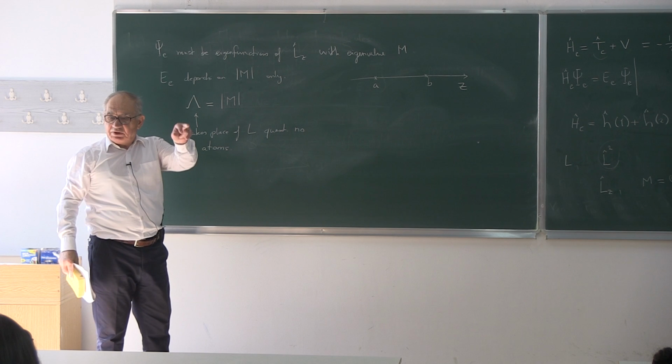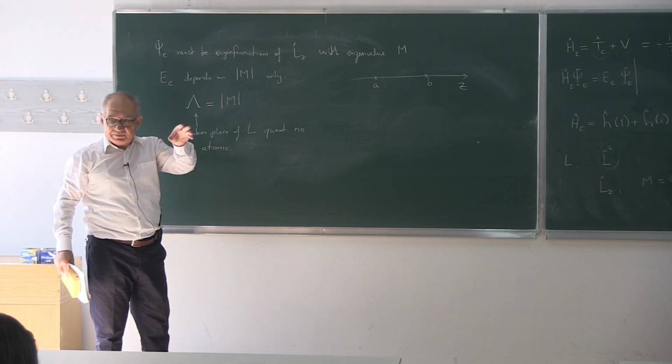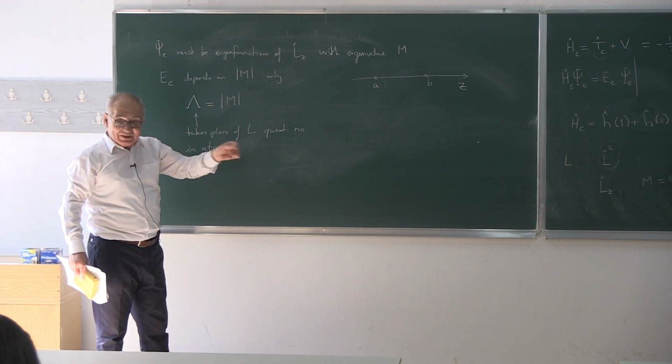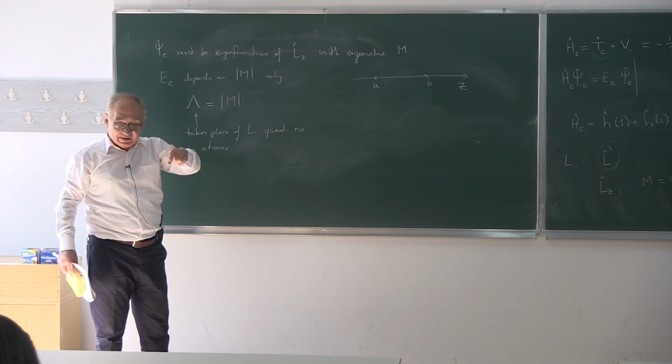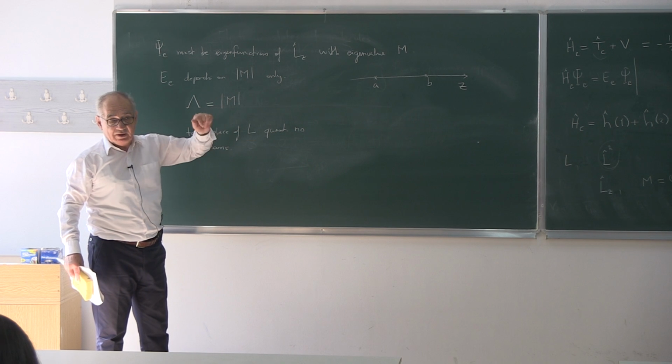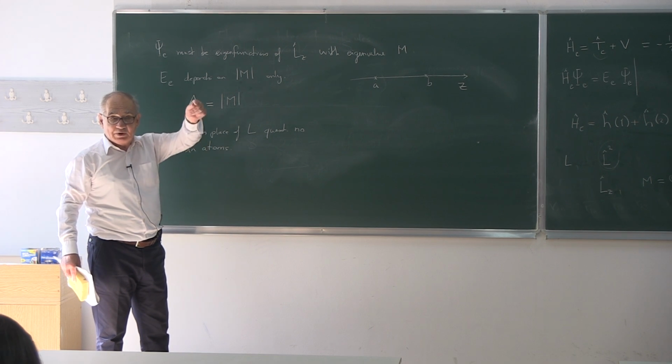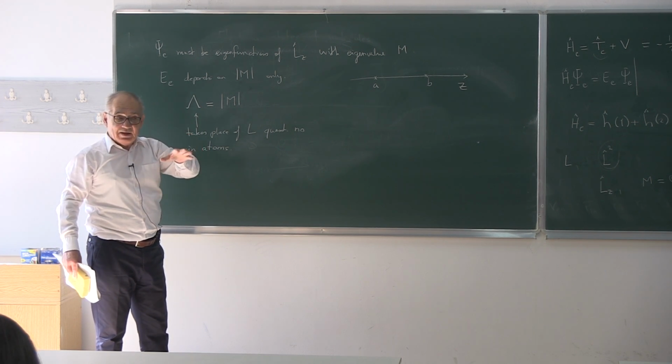In atoms, we use the L quantum number because we have just one nuclear center, L commutes with the electronic Hamiltonian, and all the atomic states are classified according to L values. But we cannot do this in molecules.